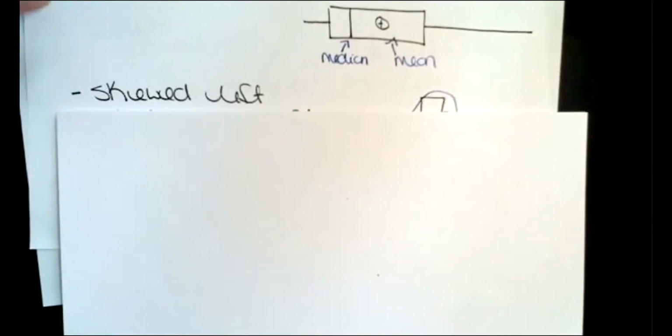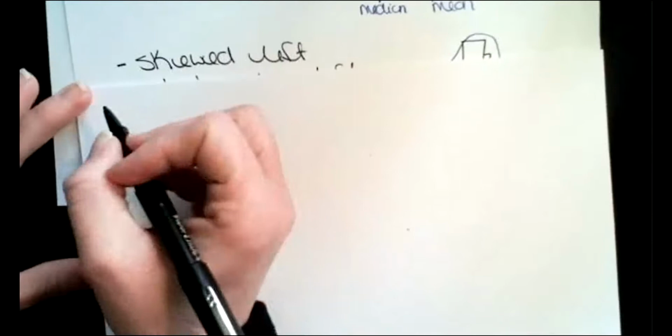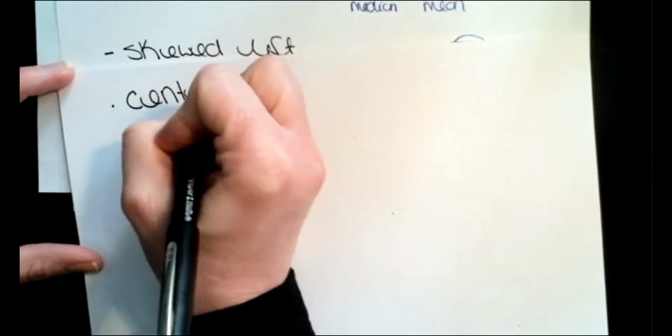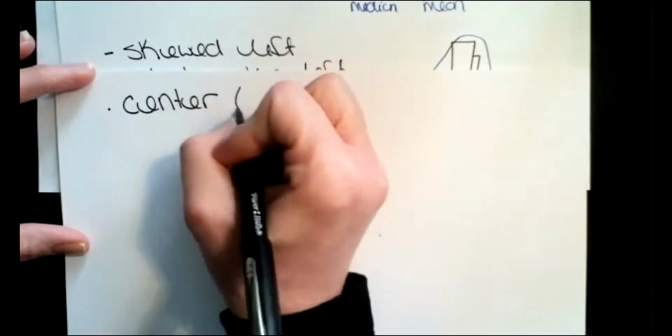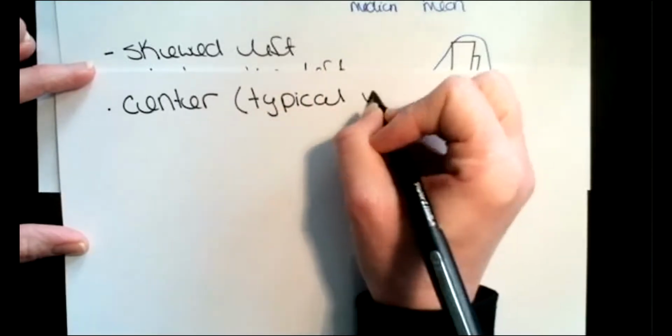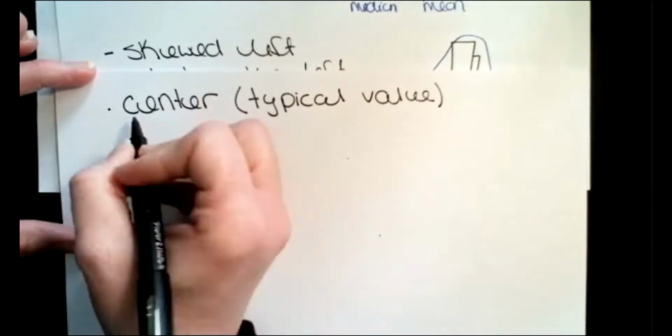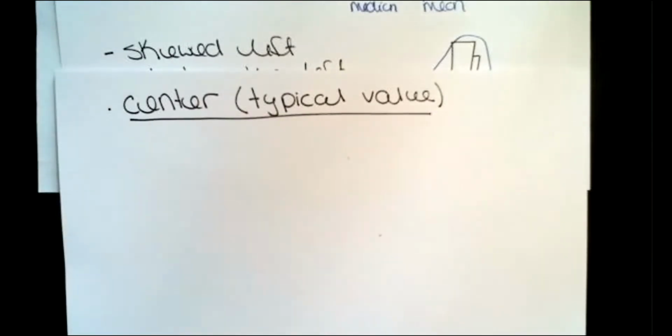The next thing is the center we want to talk about. Remember what the center is. The center is what we call the typical value. Okay, we can use different values to call the typical value or the center.